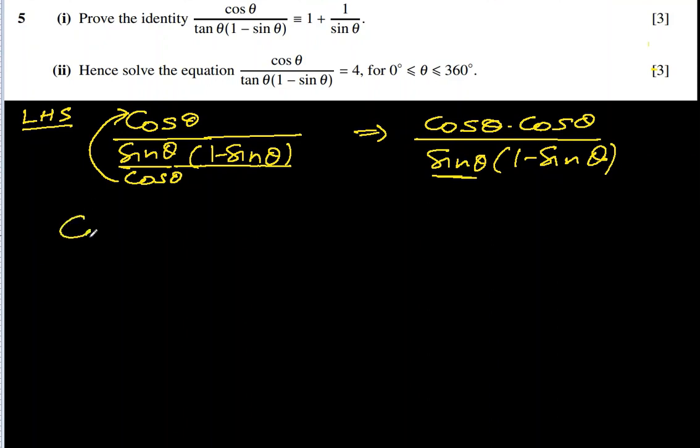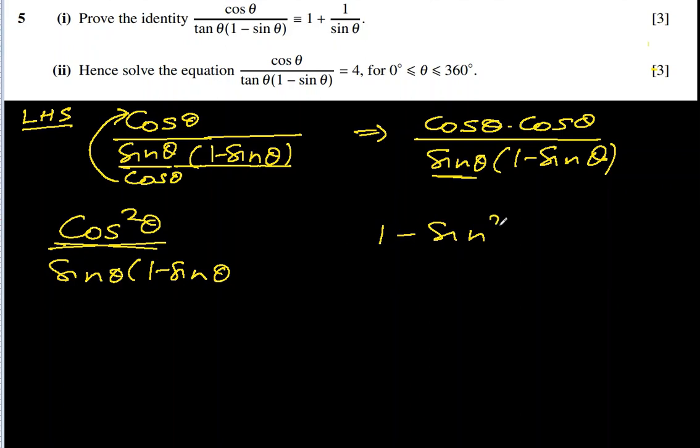So we should plan that way. Cos theta times cos theta is cos square theta over sin theta times 1 minus sin theta. Now, cos square theta can be written as 1 minus sin square theta, and the denominator will be sin theta times 1 minus sin theta.